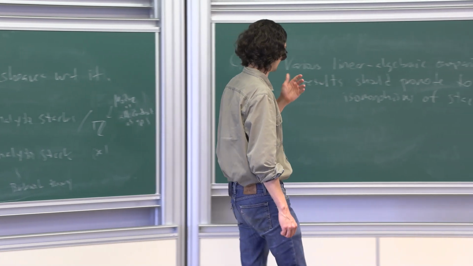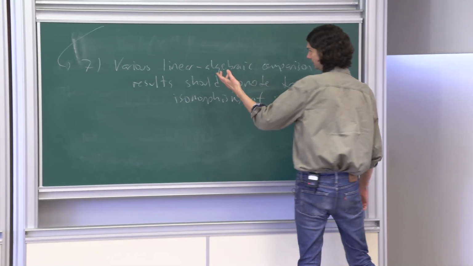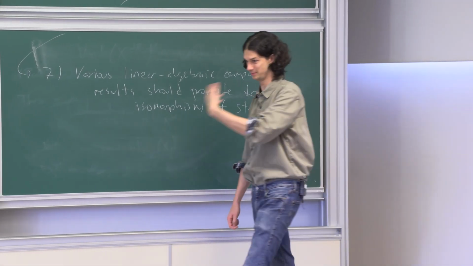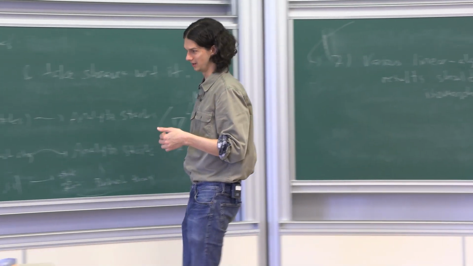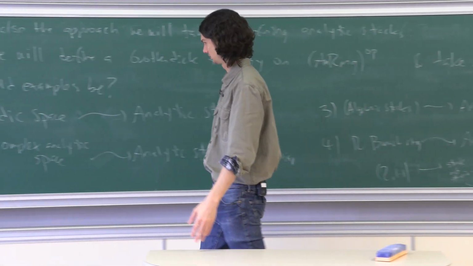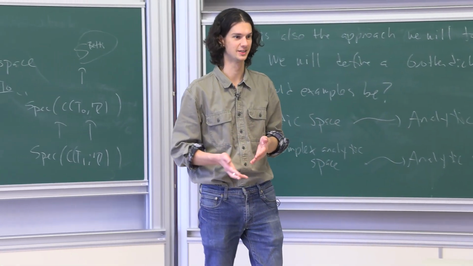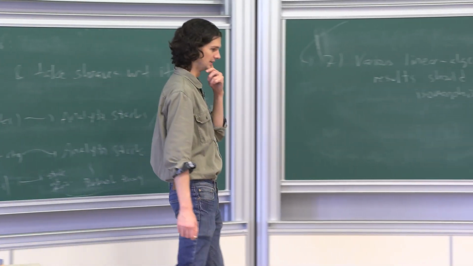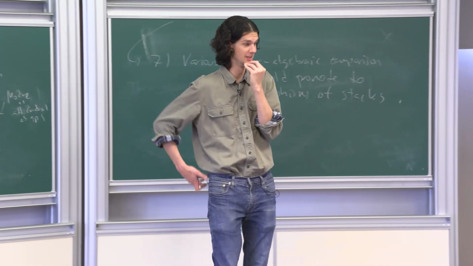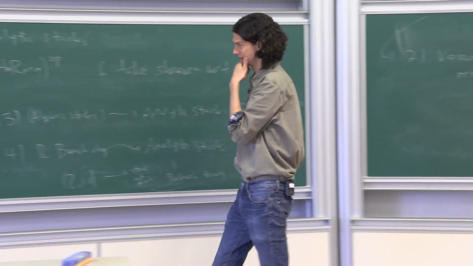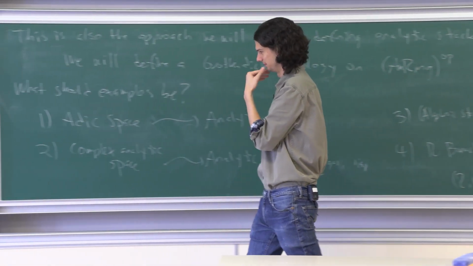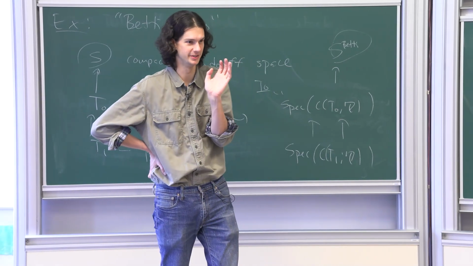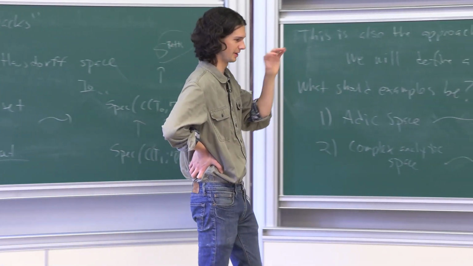So that's a question about making a comparison between two linear algebraic categories. It's saying algebraic coherent sheaves are the same as analytic coherent sheaves. And one thing we would like our formalism to do is to promote that to an isomorphism of stacks. And another example, again in the complex analytic context, would be the comparison between Betti cohomology and de Rham cohomology, another well-known comparison isomorphism.